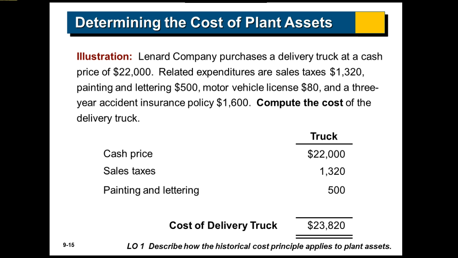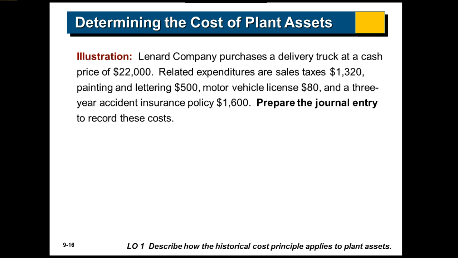The motor vehicle license is an annual cost, and so that, I stand corrected there, will be expensed each year. And then the insurance policy, if it's a 3-year insurance policy, we'll treat that as a prepaid insurance and then expense it as it expires.